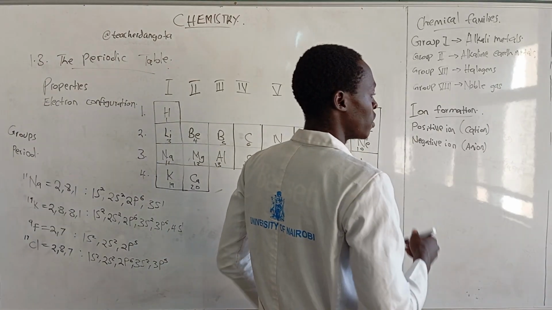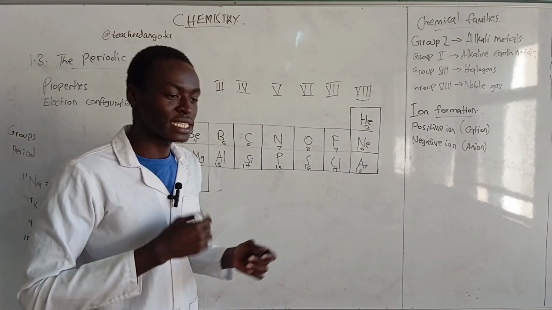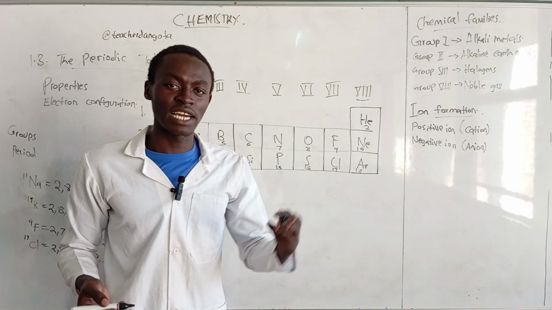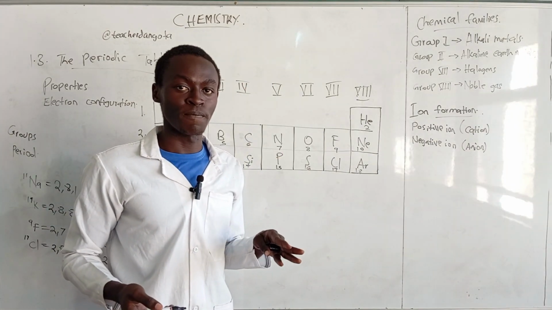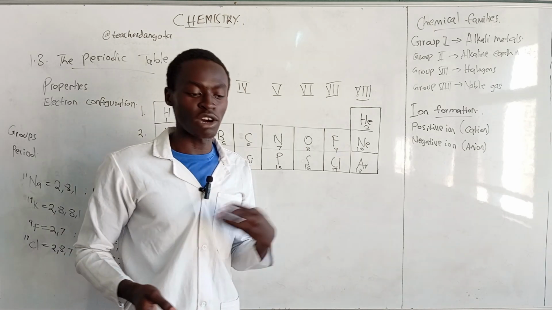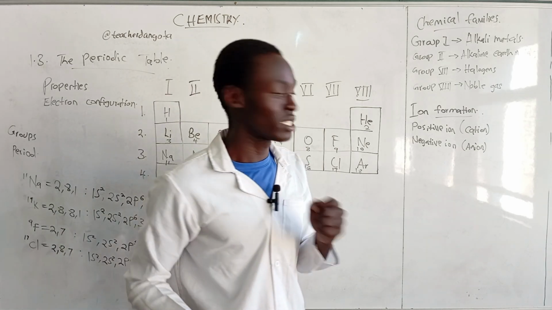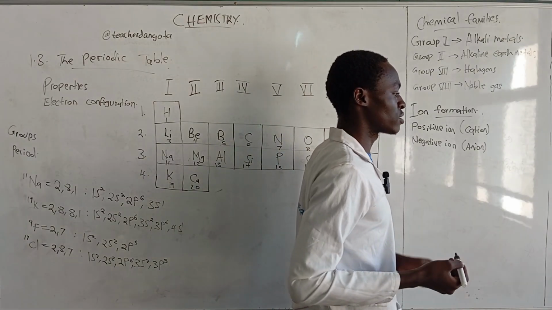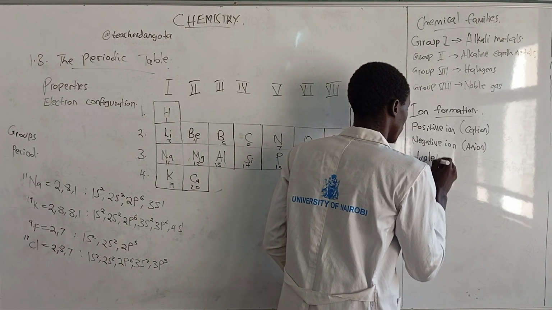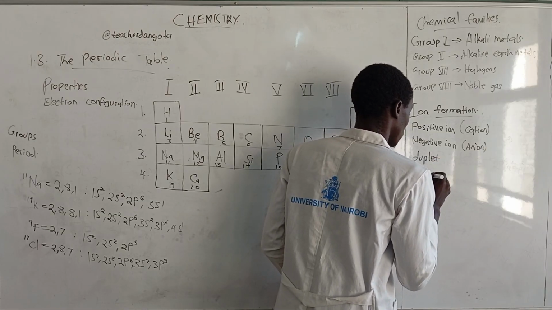For them to gain this stability, some elements will end up having only 2 electrons in the outermost energy level in their stable state, while others will have 8 electrons in the outermost energy level. Let's talk about a duplet and an octet.